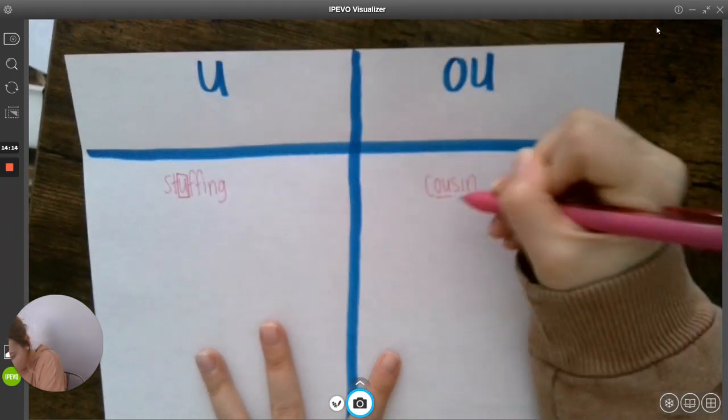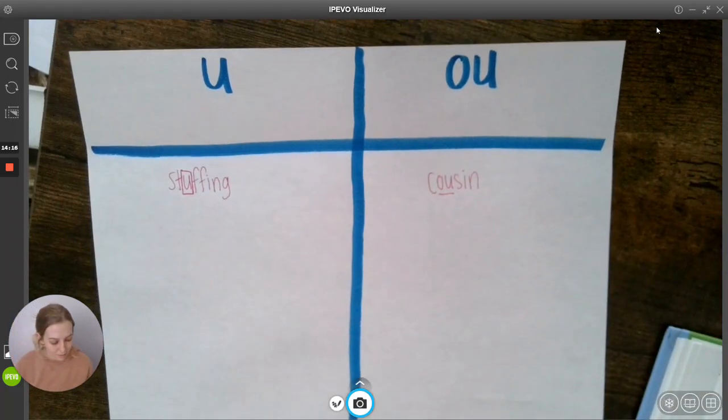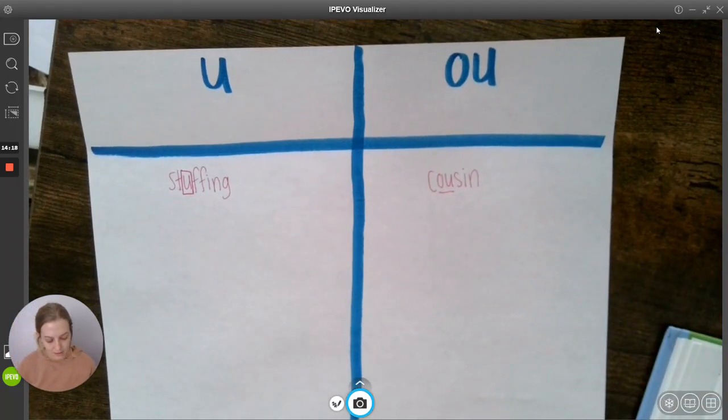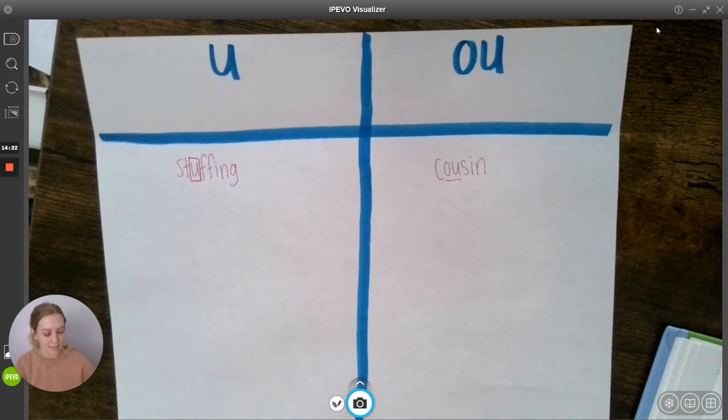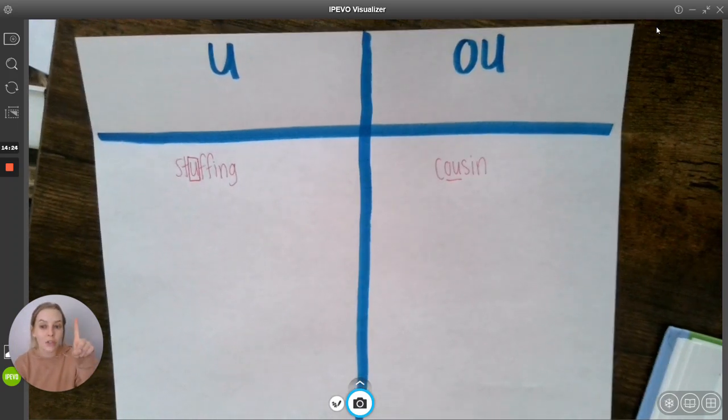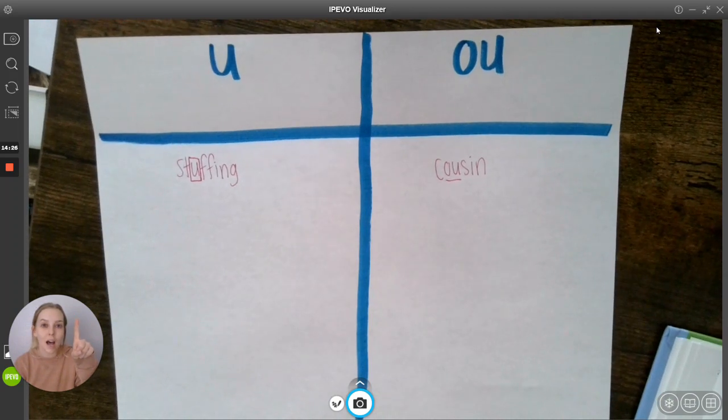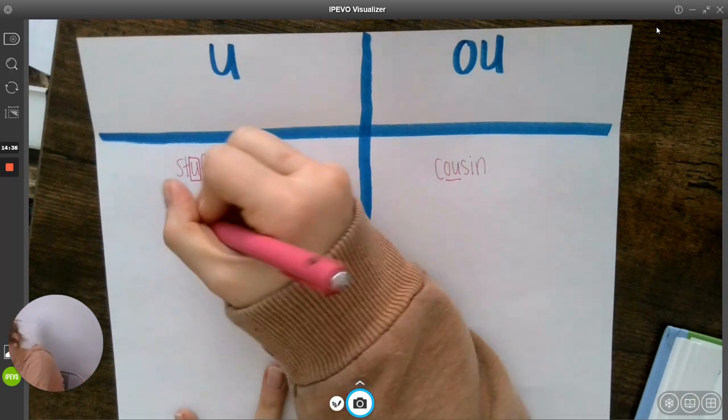And we will underline that multi-letter phonogram. Good. All right, next. Hundred. Hundred goes over here.